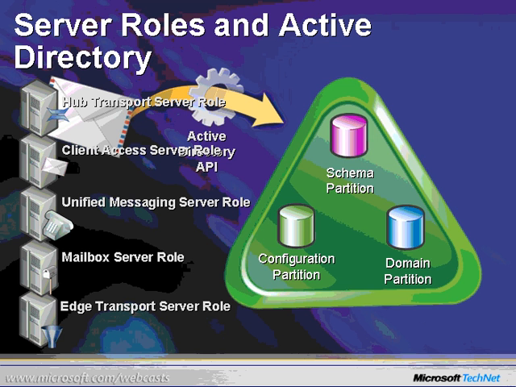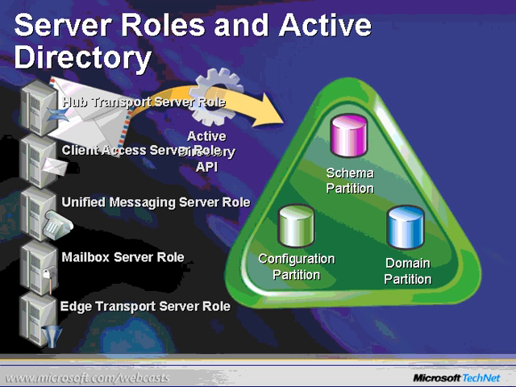One of the nice things there, we've also written a policy engine and tied it into the Hub Transport. So as an email moves, the Hub Transport can analyze and inspect that message.